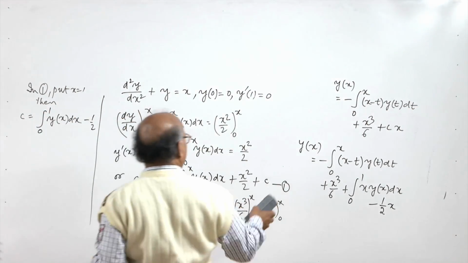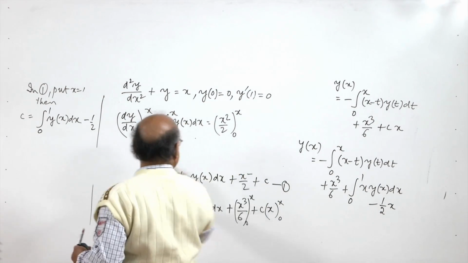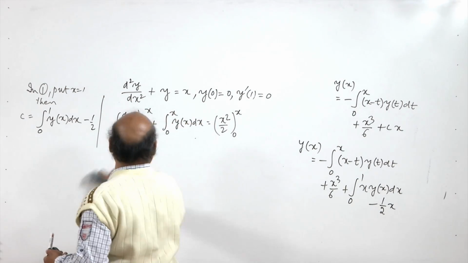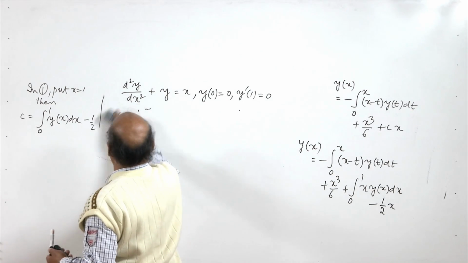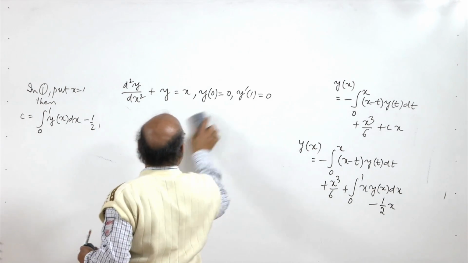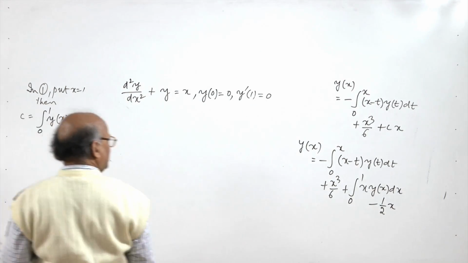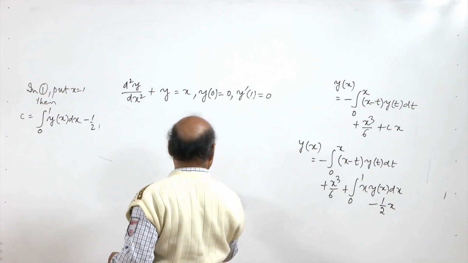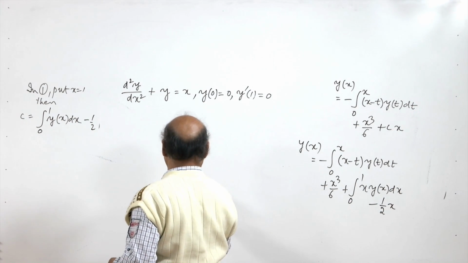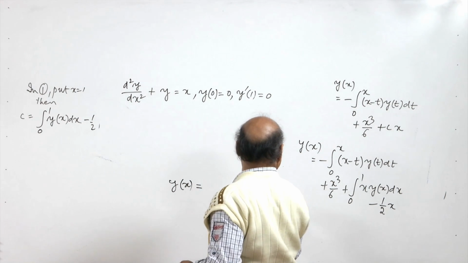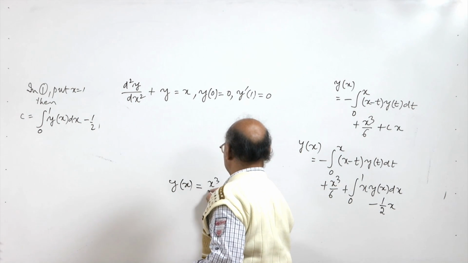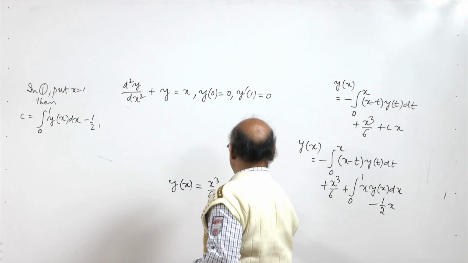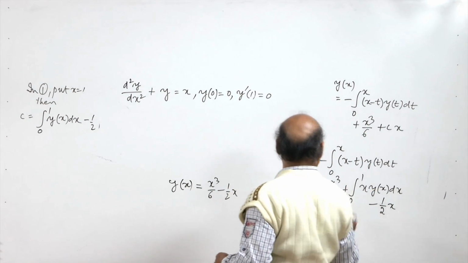Okay, now we can combine this. So we can combine this as y(x) equal to x³/6 minus half x, and then this can be broken into two parts.